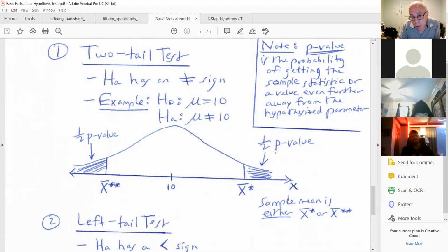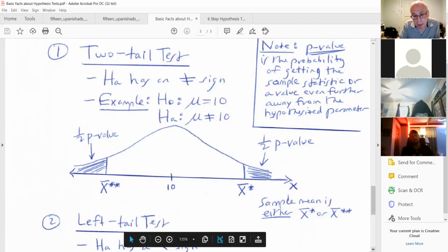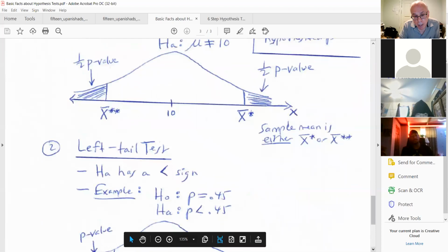But this area here is only going to be 1/2 the p-value. Because why? Because it's possible that you could have had a sample mean down here too. So what we're going to do is calculate one of these two areas and then double it. And that's why I say 1/2 p-value. So whatever you calculate the area to be, you're going to have to double it to get the true p-value in a two-tailed test. Again, I'll show you how to do that in a minute.